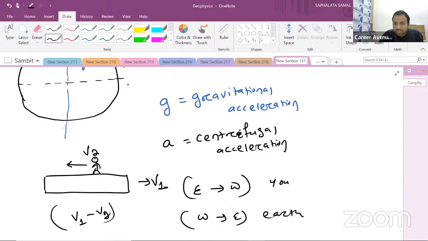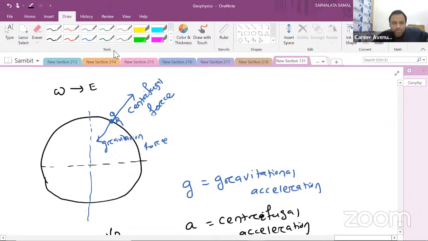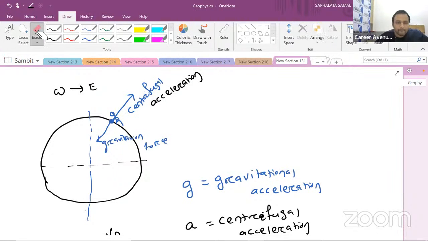Because the velocity is decreasing, the acceleration will also decrease. If the acceleration decreases, in this diagram we have the centrifugal acceleration. I can simply write centrifugal acceleration. And this is gravitational acceleration instead of force.